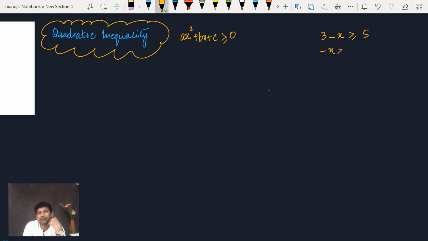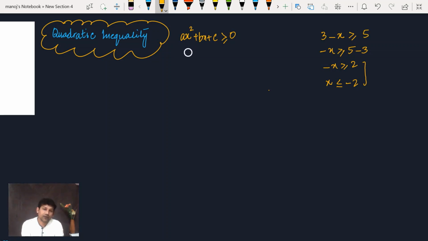Minus x greater than or equal to 5 minus 3, so minus x greater than or equal to 2. When I change the sign of the negative, the negative x becomes positive, and this becomes less than or equal to minus 2. Just note it down: when we change the variable sign, we also change the sign of the inequality.